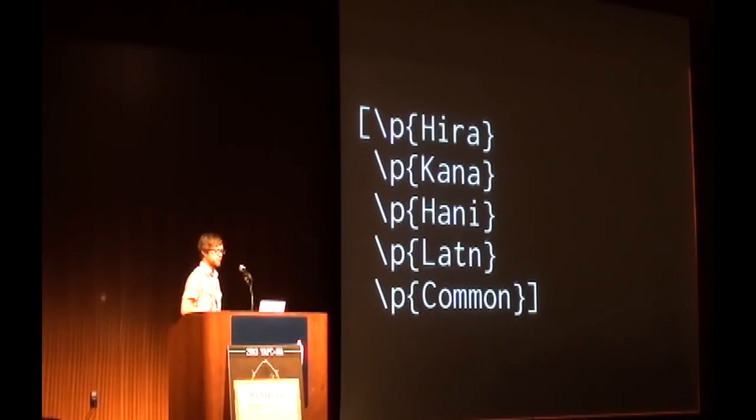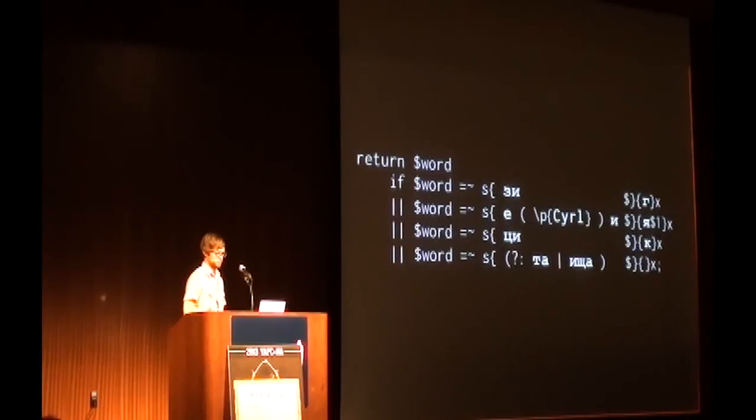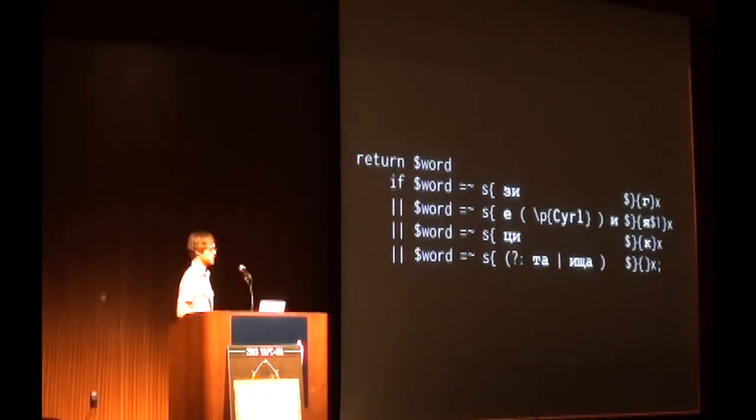And it cuts down on your code some, and it's still fairly readable. Here's some other examples. You want to use your Egyptian hieroglyphs and such. And here's one in action using the Cyrillic property, and this is actually for the Bulgarian stemmer.